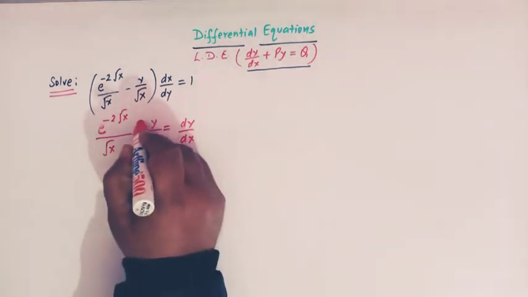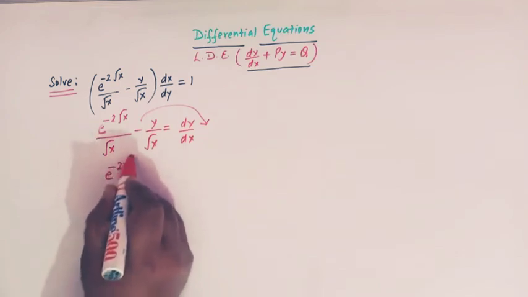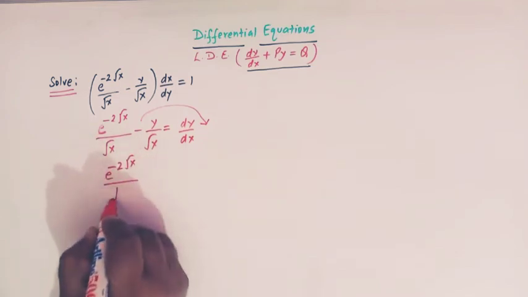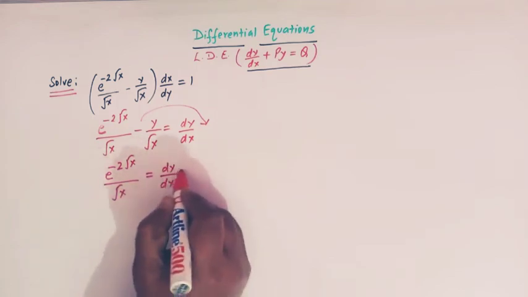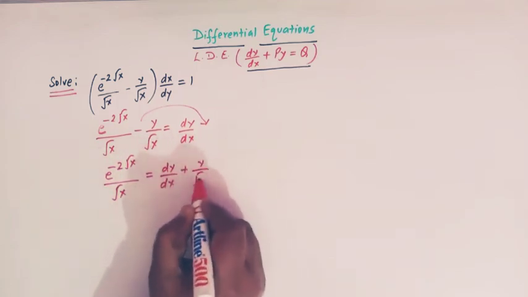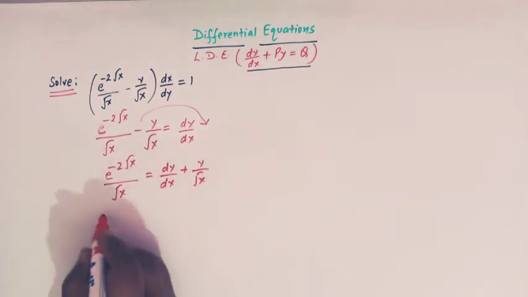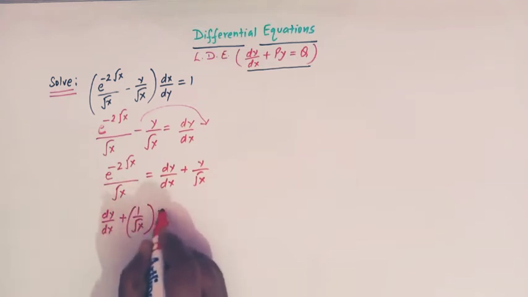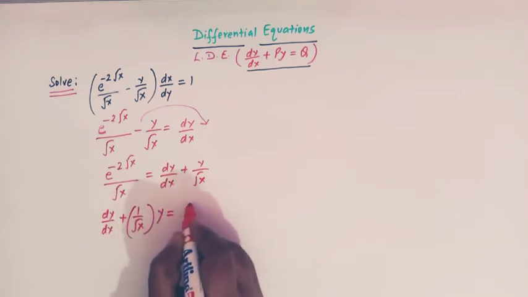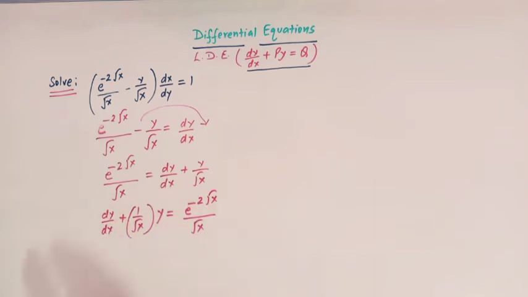And now taking this term to this side, so we have e raised to minus 2 times root x over root x, and this is dy over dx plus y over root x, right? And now if we rewrite this equation as dy over dx plus 1 over root x times y is equal to e raised to minus 2 root x over root x, right?